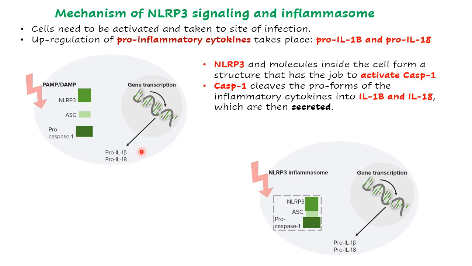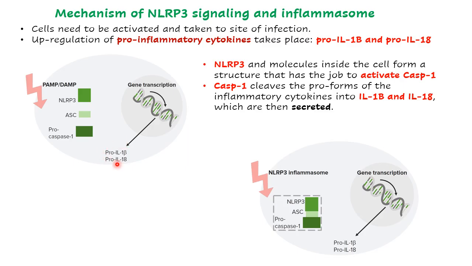And the other consequence of this is that you are going to cause the production of inflammatory cytokines that are ready to be activated. So you have the pro version of inflammatory cytokines that are getting produced. This came from your NF-kappa B activation.